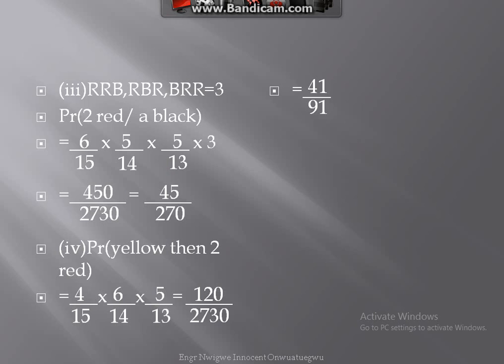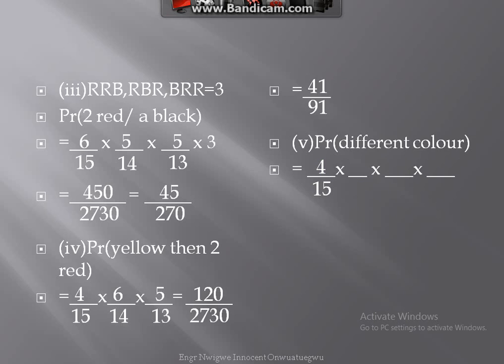If 3 balls are picked without replacement, find the probability that you get different colors. We have black, yellow, and red. First of all, start with the yellow, which is 4 over 15 times. We now remove 1, we'll be left with 6 red over 14 times.